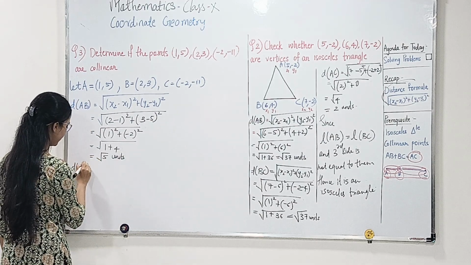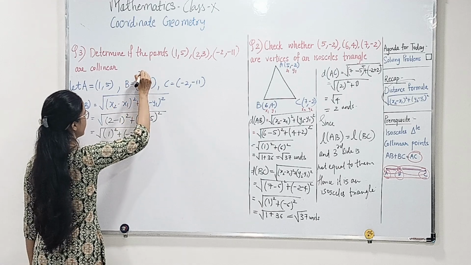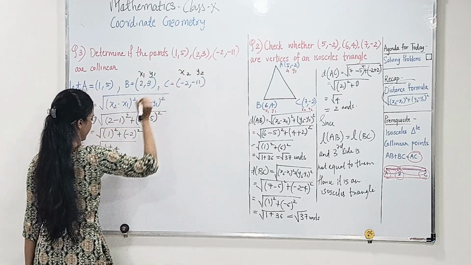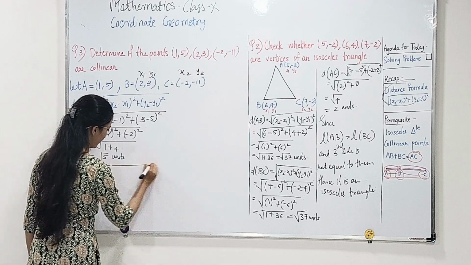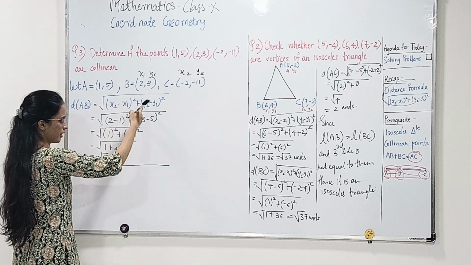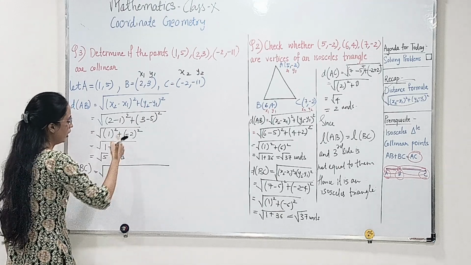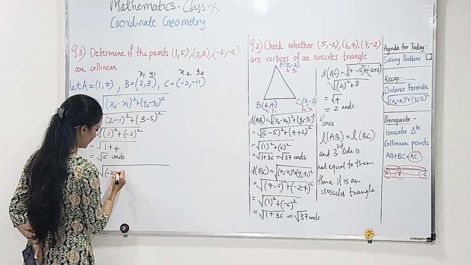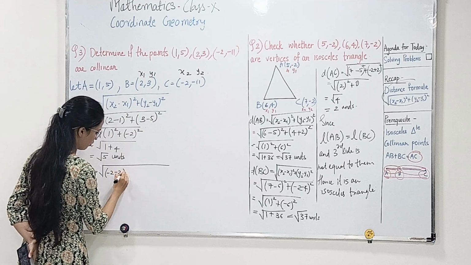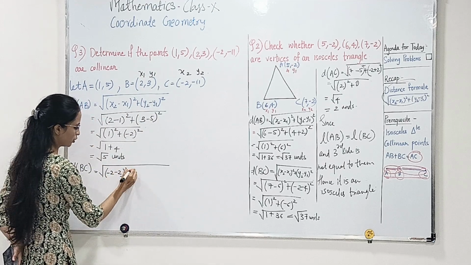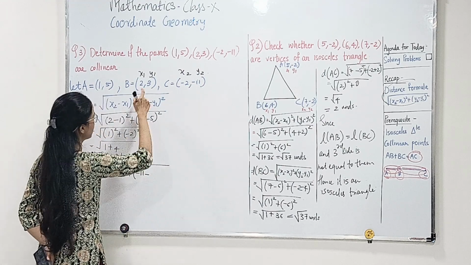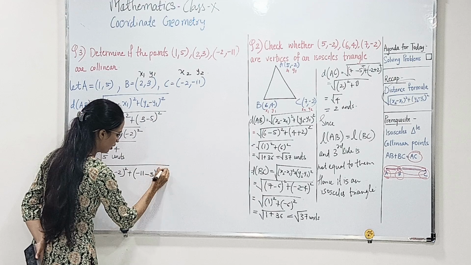So distance BC, again, this is your x1, y1, this is your x2, y2. So this is equal to under root of, again, the formula (x2 minus x1) and (y2 minus y1). So x2 is minus 2 and x1 is 2, so minus 2 minus 2, plus y2 is minus 11 minus y1 which is 3, the whole square.